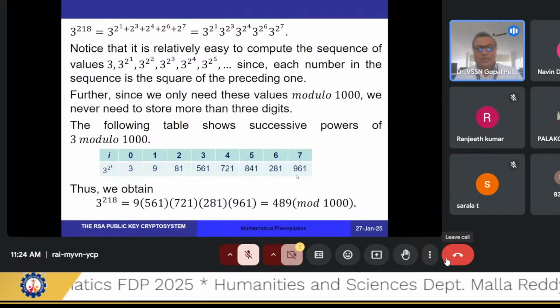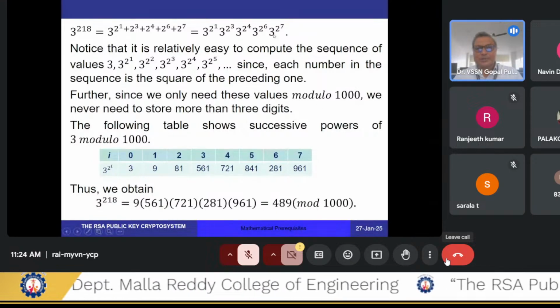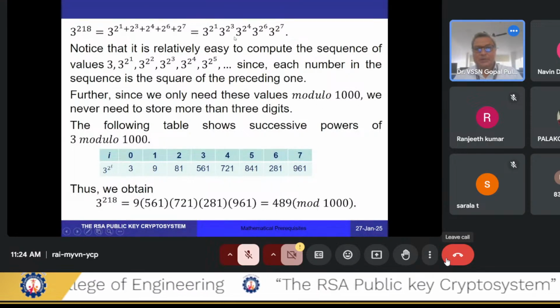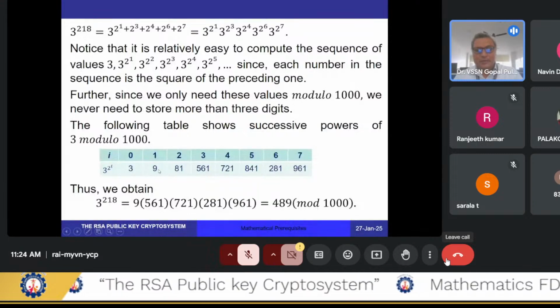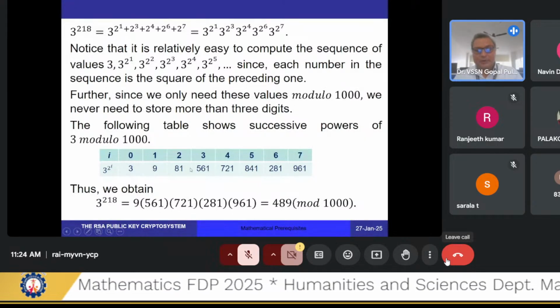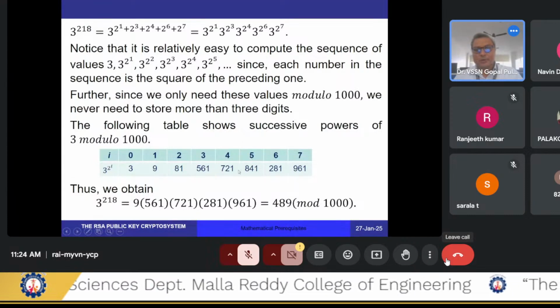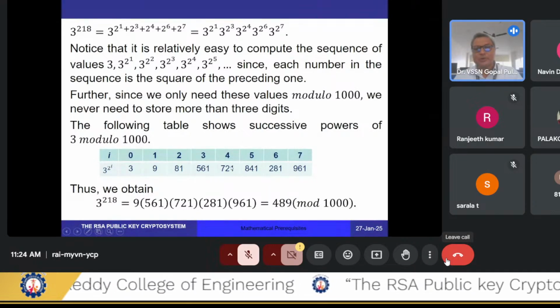3 power 218 can be observed as follows. 3 power 2 power 1 has the value 9. 3 power 2 power 3 has the value 561. Then 3 power 2 power 4, the value is 721, sorry.